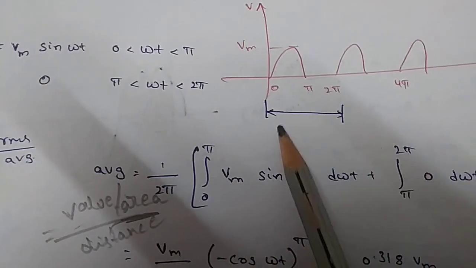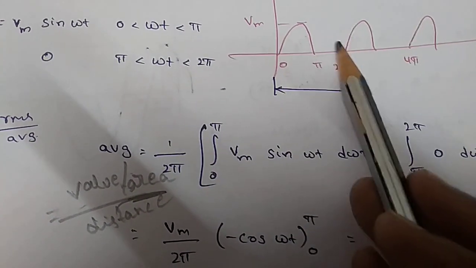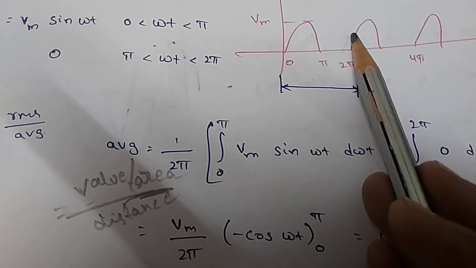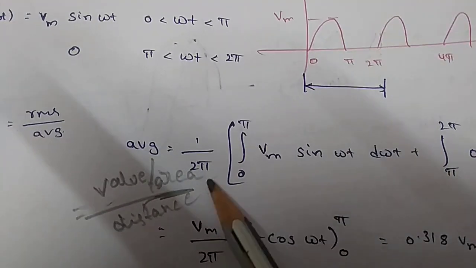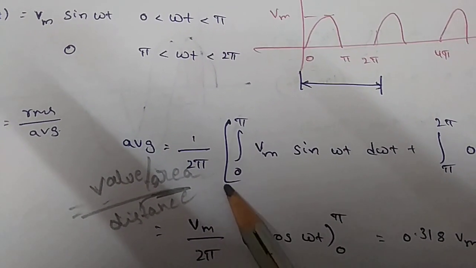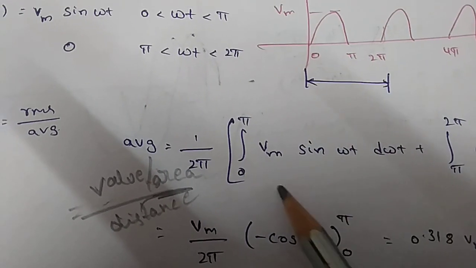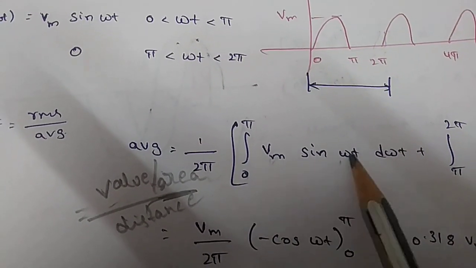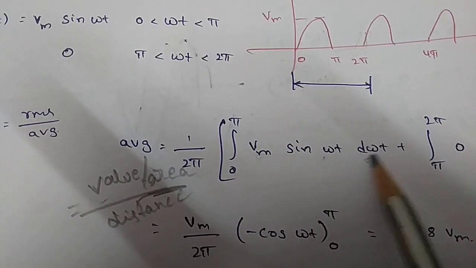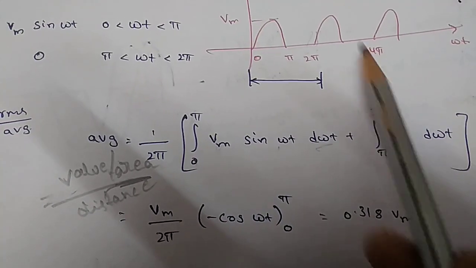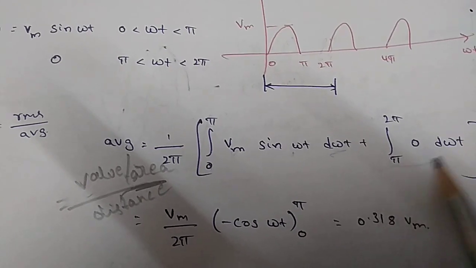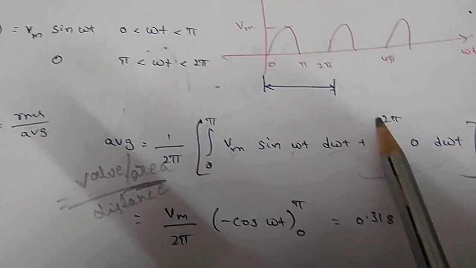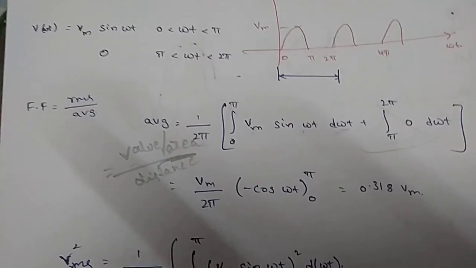So for that reason, for the total area and total distance, I am considering 1 by 2 pi times the integral from 0 to pi of Vm sin omega t d omega t, whereas for the next half cycle it will be 0. Either you consider it or not, it does not differ that much.